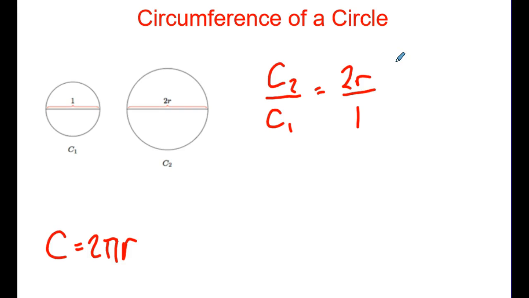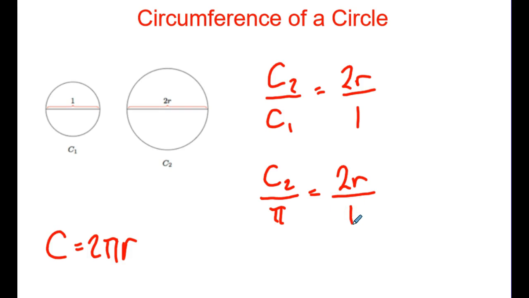We will also be able to fill in some of this information. As we just discussed, the first circle has a diameter of 1, thus the circumference must be equal to pi. Taking this a step further, C2, the circumference of the second circle, over pi must be equal to 2r over 1.